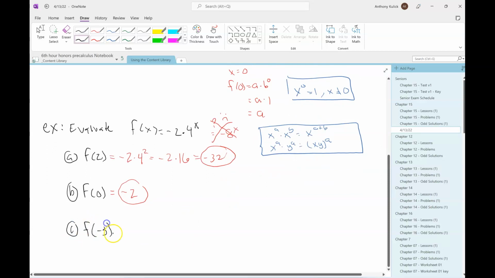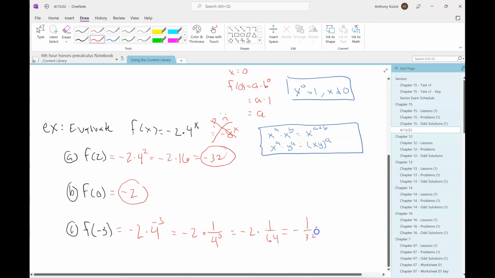What about f of negative 3? What does a negative exponent do again? Makes a reciprocal. Very good. So that's going to be the same thing as 1 over 4 to the third. 4 to the third is 64.